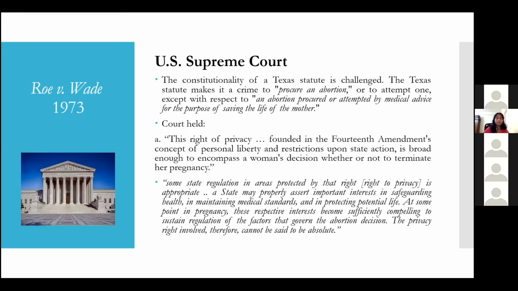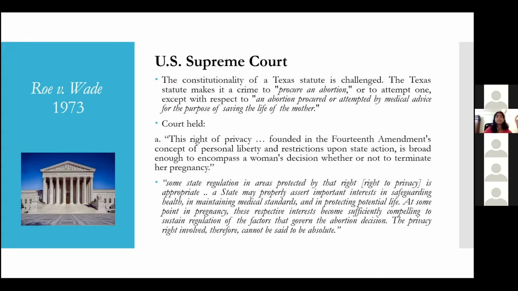However, while he explained that women had rights to choose abortions, he also argued that the rights were not absolute. He disagreed with the petitioner's conclusion that the states had no compelling interest in regulating abortion procedures. He in fact said that states may control certain behaviors if they have significant interests to do so.